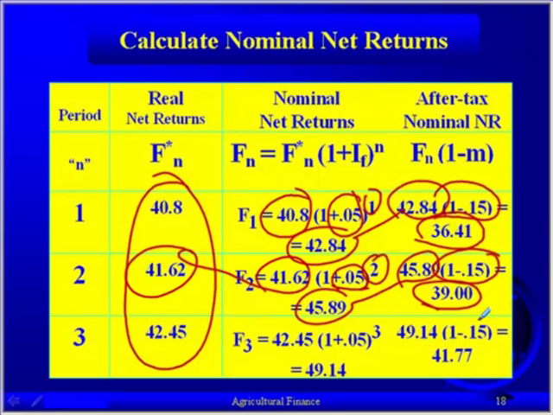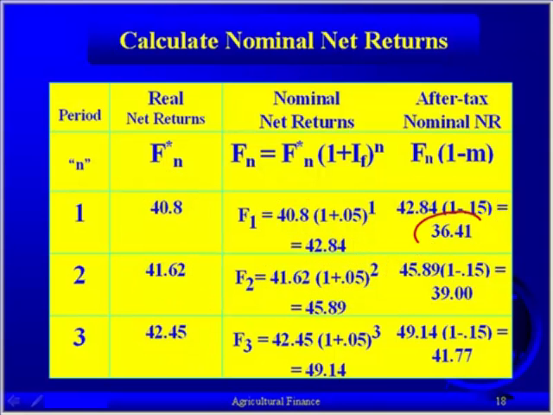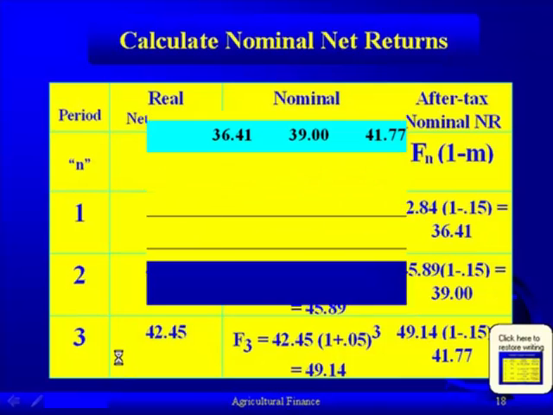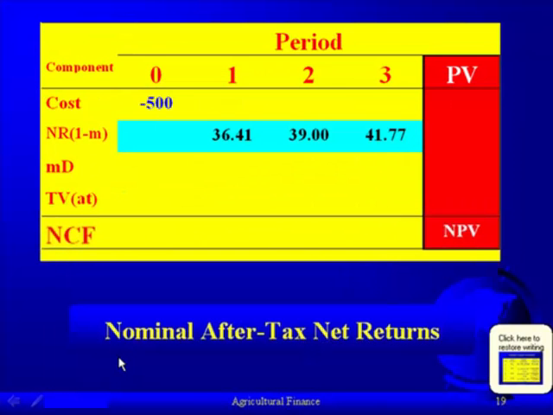And we do that for the third period as well. The only thing different is that we are sequentially calculating its real return before we go to the nominal. Again, notice these three numbers in this chart. Those are the after-tax nominal net return. Those are our cash flows that we're going to use in our net present value worksheet.